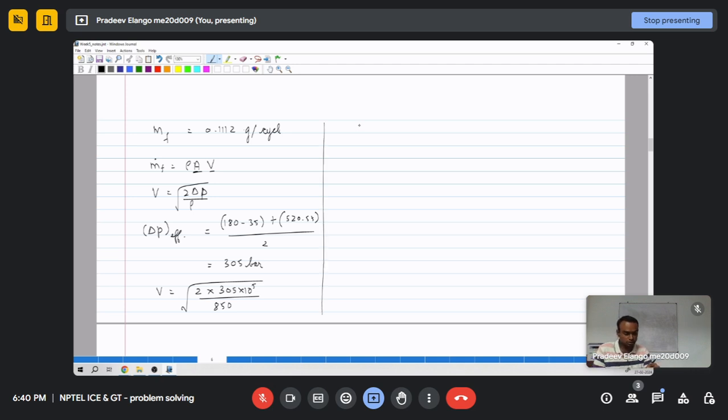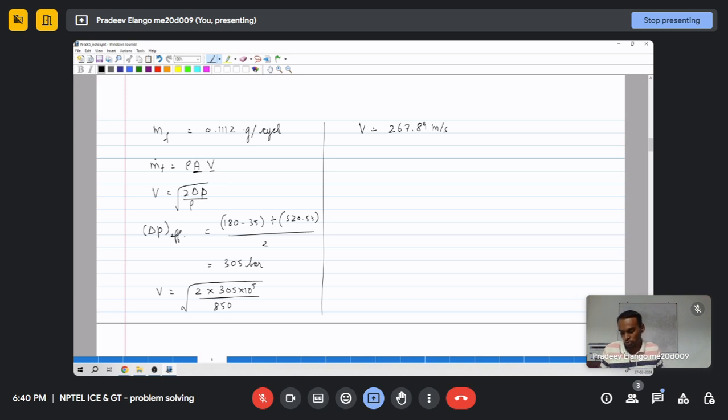Now we can calculate the velocity across the orifice. So velocity is 267.89 meter per second.